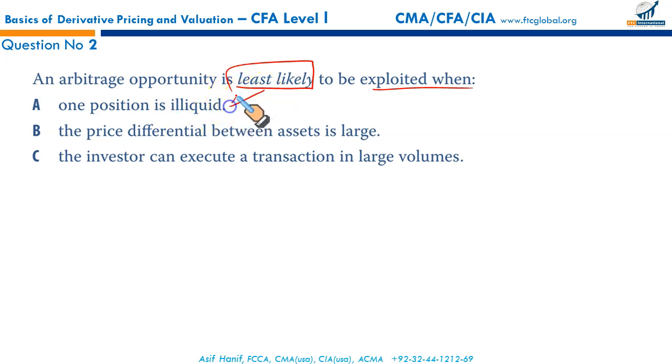So this is the situation where the arbitrage opportunity is least likely to be exploited. When the price differential between the assets is large, you can make gains on an arbitrage opportunity. The investor can execute a transaction in large volumes, hence B and C are possible. But when one of the positions is illiquid, it is least likely to generate arbitrage profit.